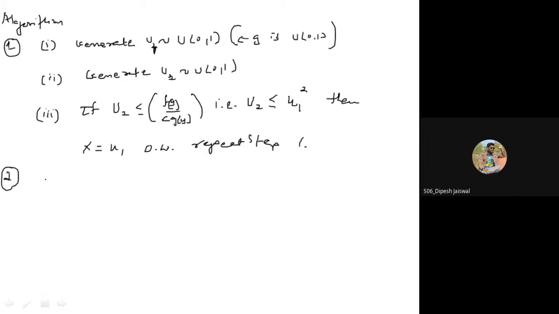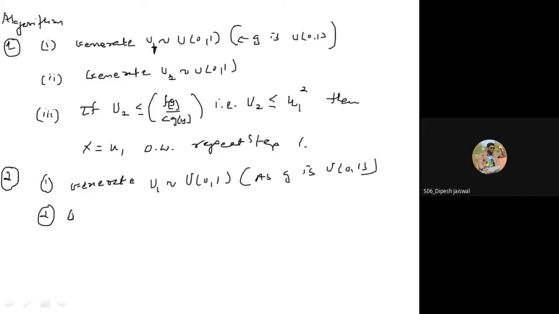So step 1, same, generate u1 from uniform 0 1 as g is uniform 0 1. Okay. Second, generate u2 from uniform 0 1.